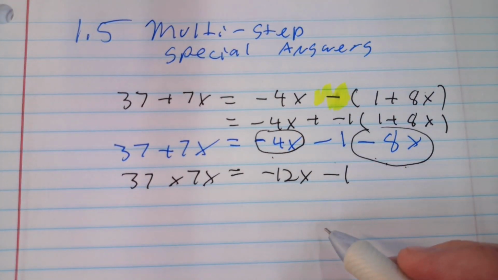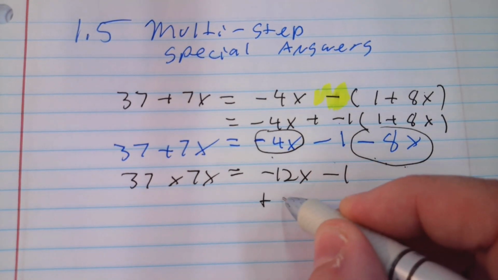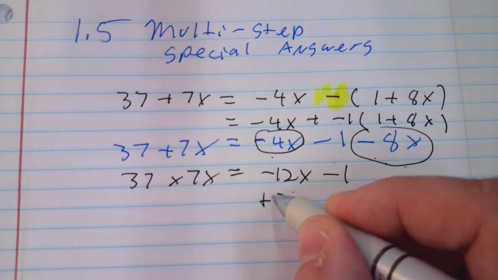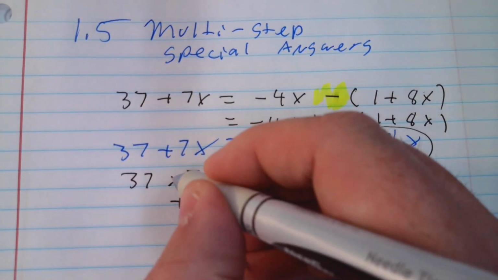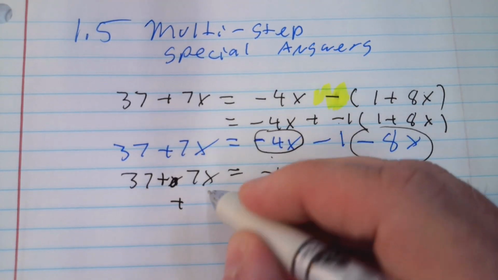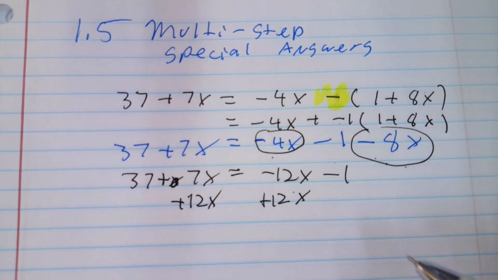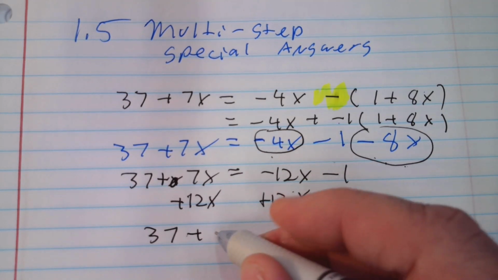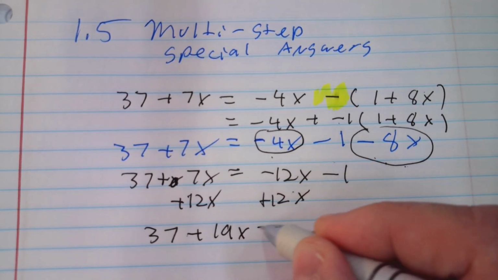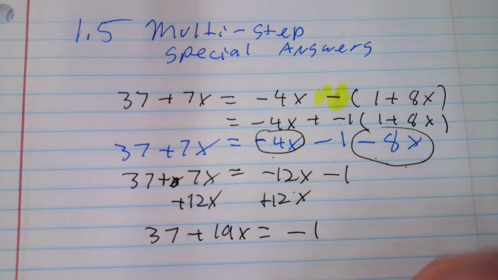Okay. So I'm going to add 12x. That symbol is supposed to be a plus. 37 plus 19x equals -1.